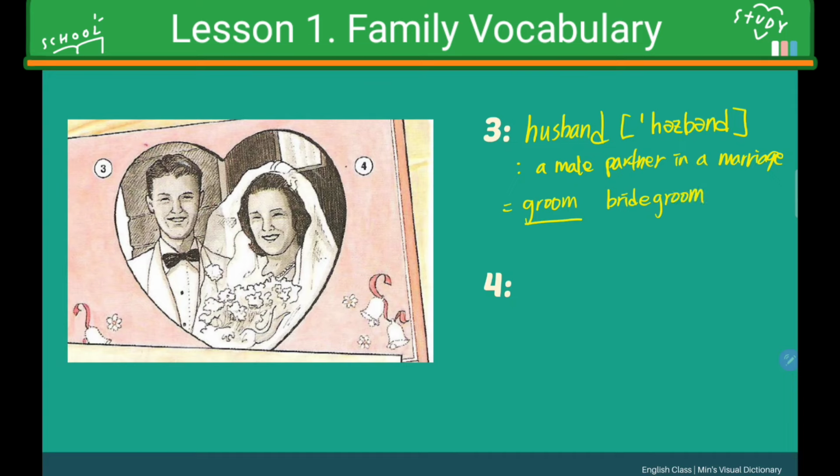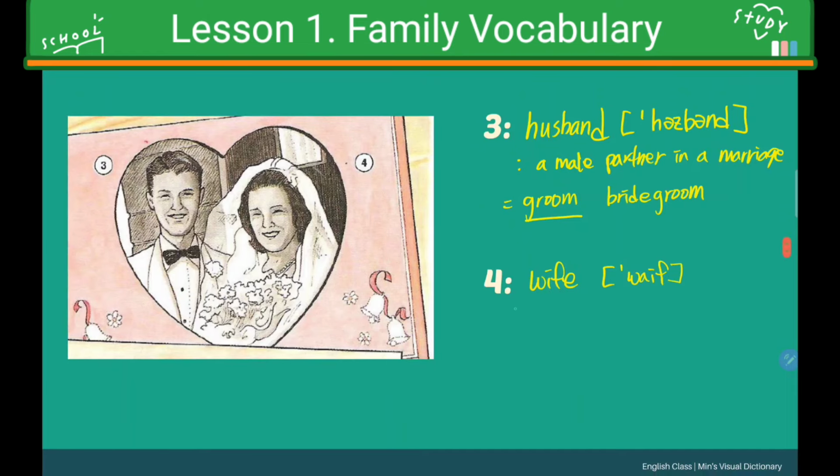Okay, and number 4, we have wife. Wife. And the pronunciation is wife. Just like that. And when it is plural, it becomes VES. Okay? So any English word that ends in FE, such as knife or wife, they become VES.